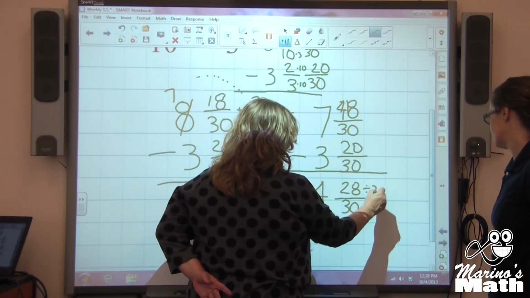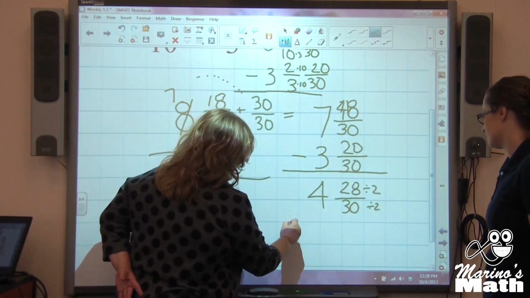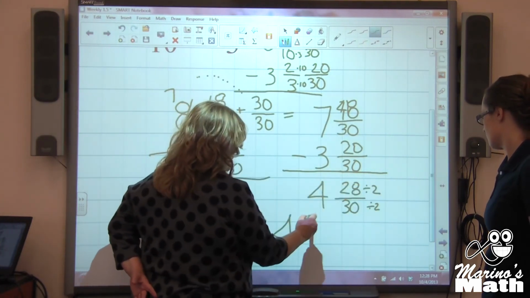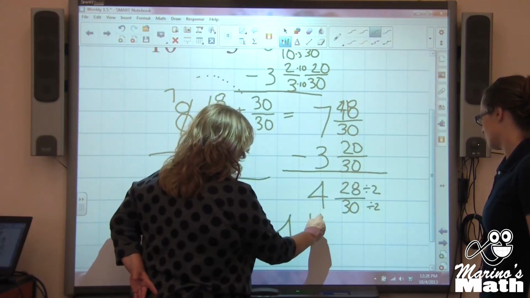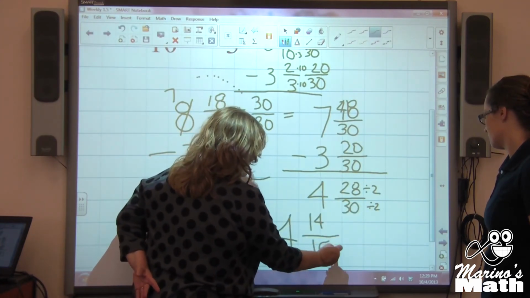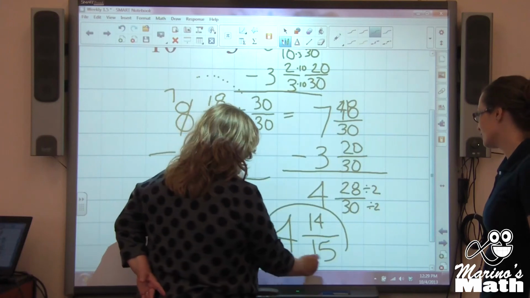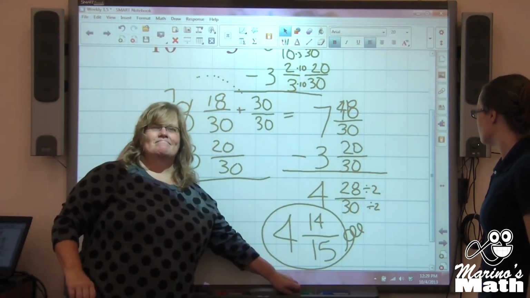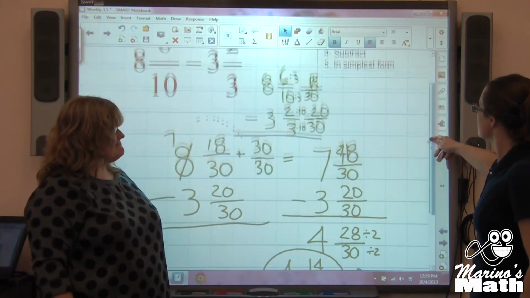Yes, because they're both even. So this can be rewritten as 4 and 28 divided by 2 is 14 over 30 divided by 2 is 15. That sounds familiar. I think that is the same answer that we had earlier. Yay, we did it. We did do it, and we checked off all our steps.